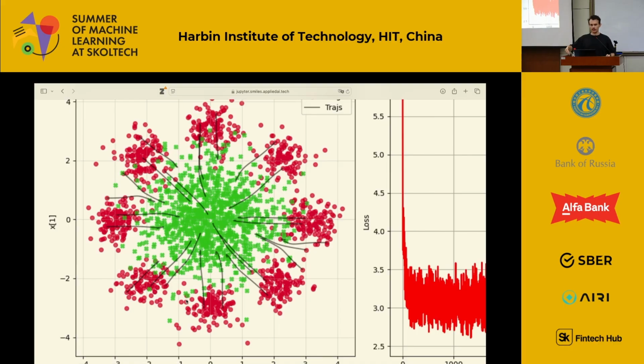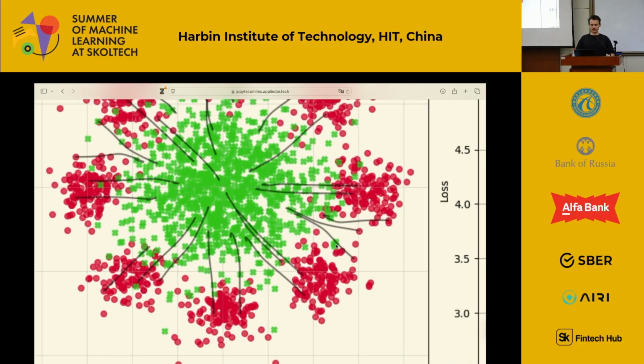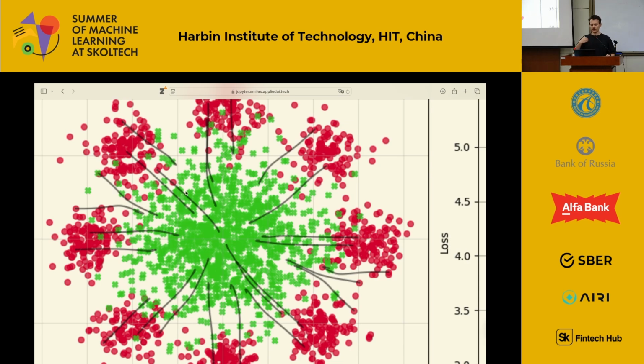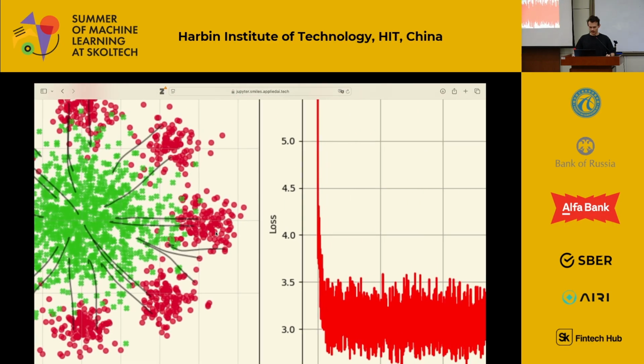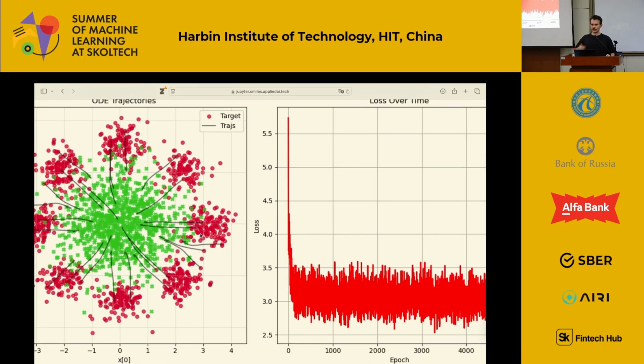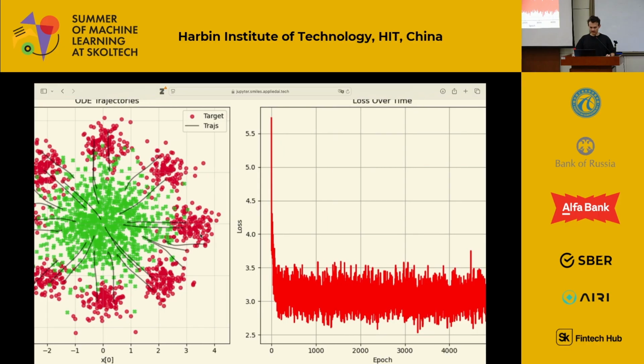And basically that means that you have to apply your neural network less, and this saves computational resources and time. So non-straight trajectories are bad, they require more computation, and straight trajectories are good, they require less computation and less time, which is great. And in diffusion models and flow matching, you always want something that is very similar to straight trajectories. Yeah, and we will work with straight trajectories further. We will take a look at straight trajectories today.